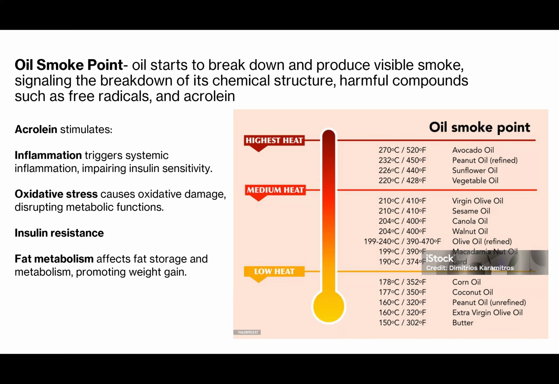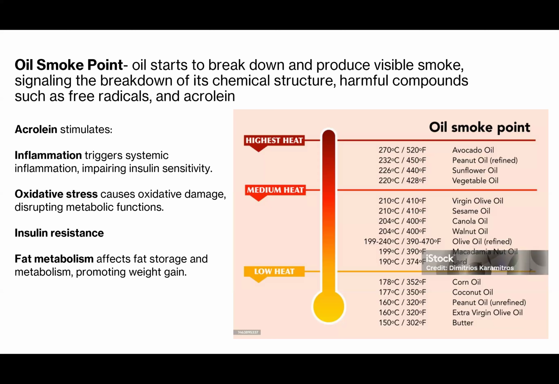Why is it so important? Because when smoke is produced, the oil's chemical structure starts to break down and creates harmful compounds such as free radicals. One of them is acrolein. It's super damaging for the cells and our DNA.